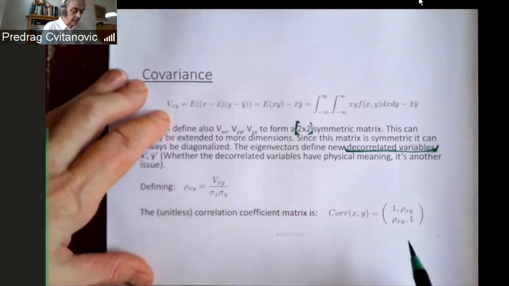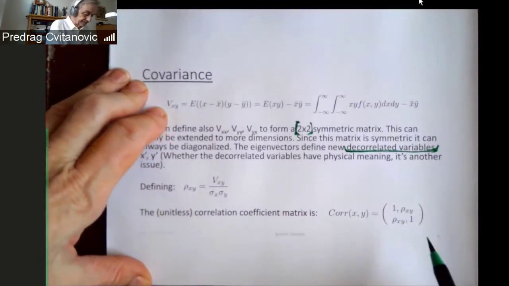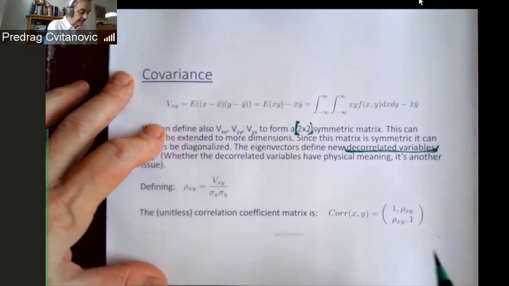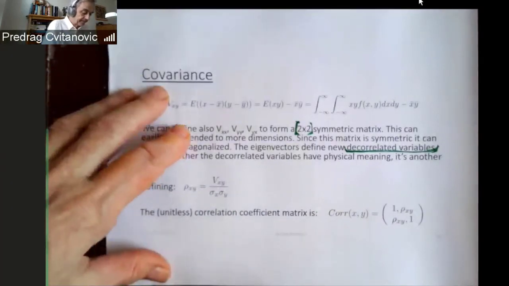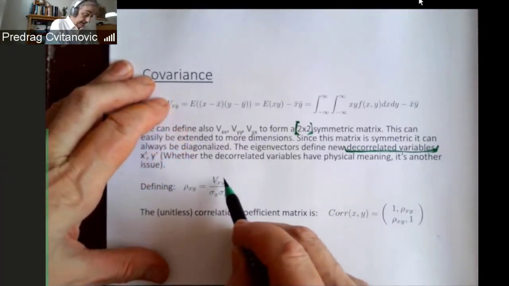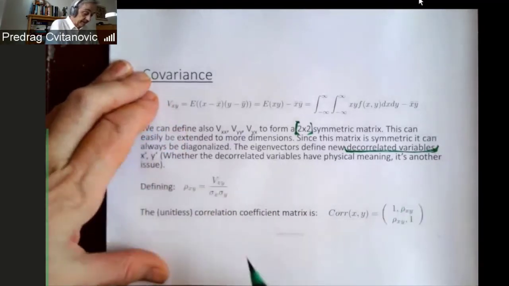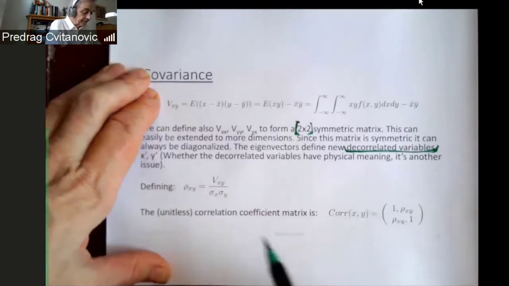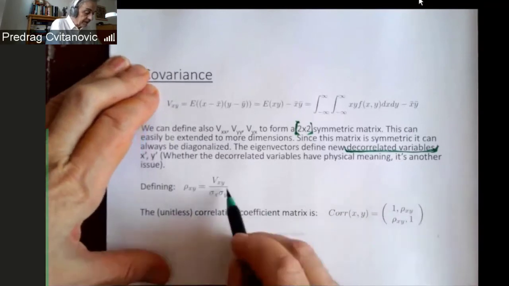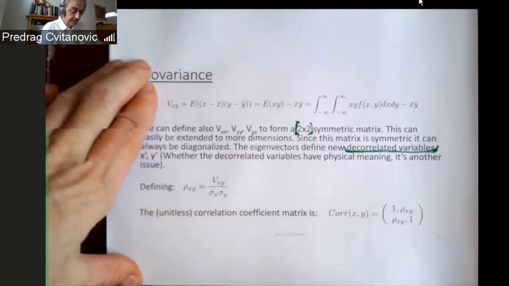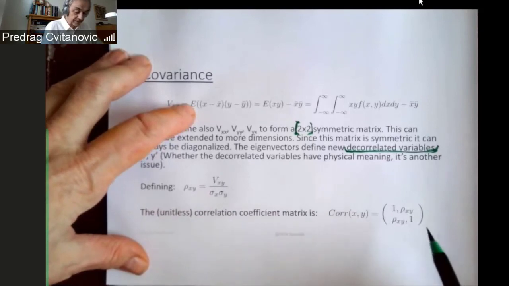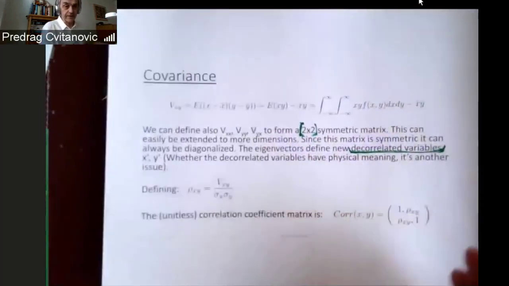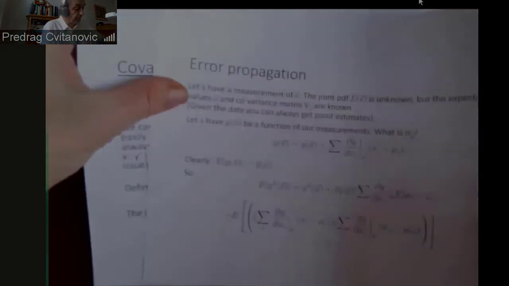And this gives you a correlation coefficient matrix, because if I look at diagonals when X equals Y, then this is sigma square divided by sigma square. So that's on diagonal, I get ones. But off diagonal, I get this dimensionless measure of correlation. And if things are uncorrelated, you would like this to be zeros. And that's a measure of correlation coefficient, which I've given you a problem to work out.